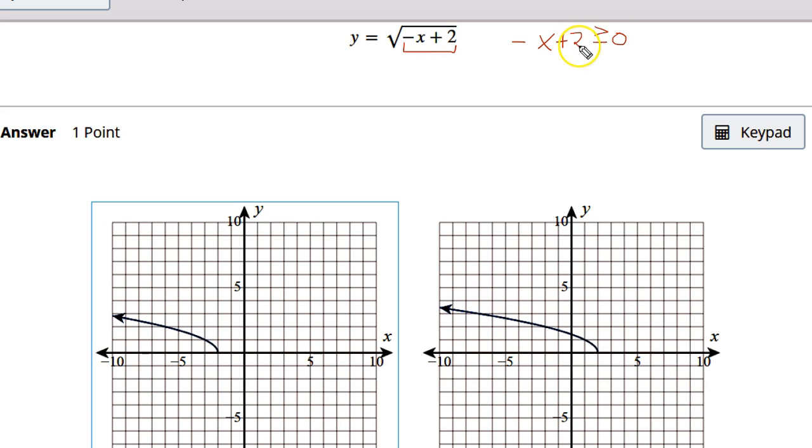So when we solve this, we can just transpose the negative x to this side, it becomes a positive x. And then this is 2. So just this simple step gives you where this radical will be anchored to our graph. And it's going to be here at 2.